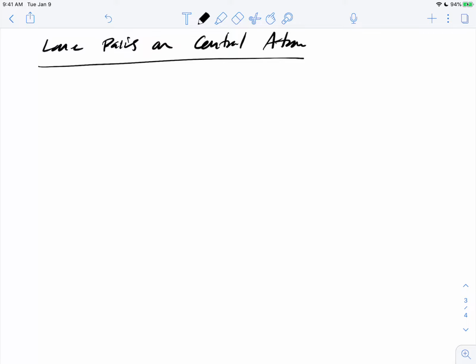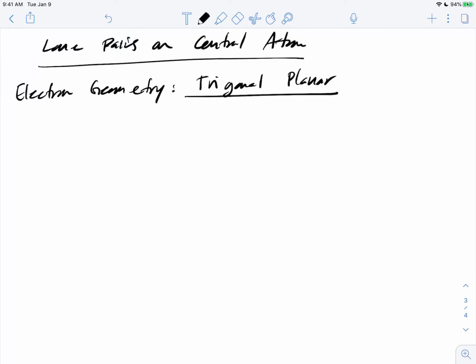so we're going to start off with the trigonal planar. So the electron geometry is going to be trigonal planar. Okay, and an example that we're going to use is SO2.